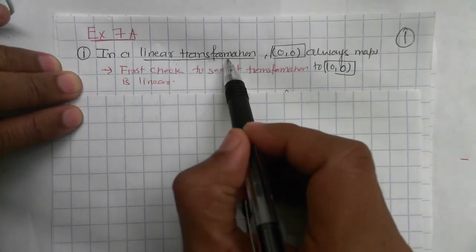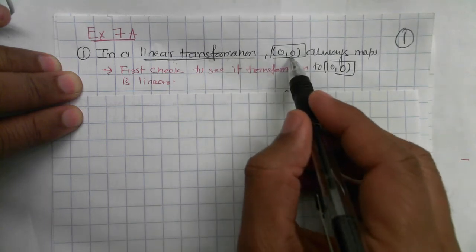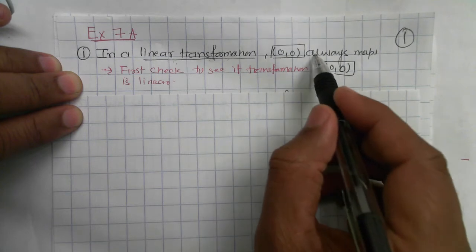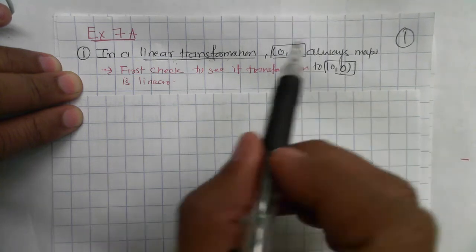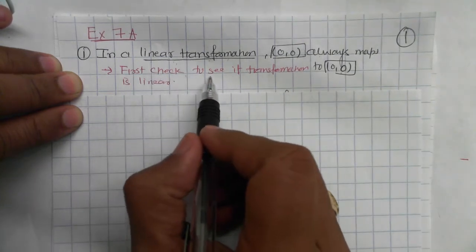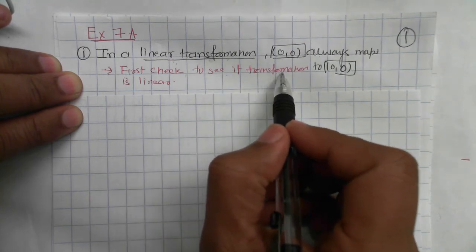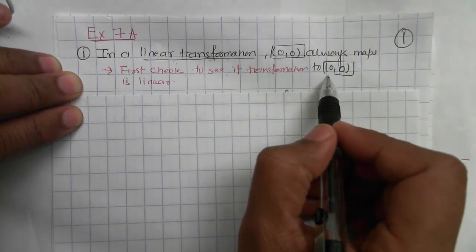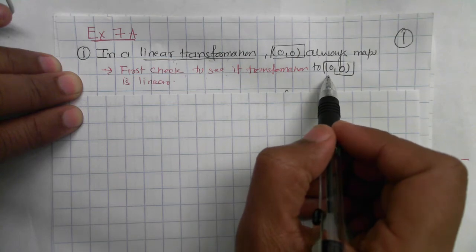In any linear transformation, the point 0, 0 always maps onto 0, 0. That means it does not change its position. So this is the first check to see if a transformation is linear or not. If 0, 0 changes its position to a new point, that means it's not a linear transformation.